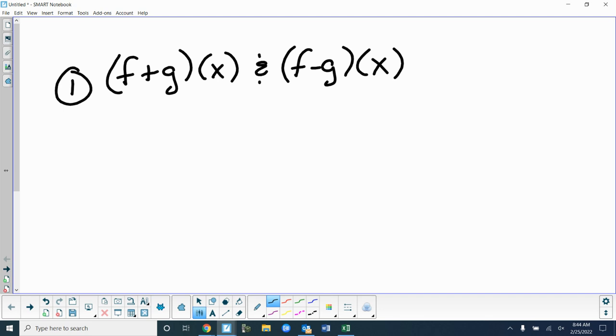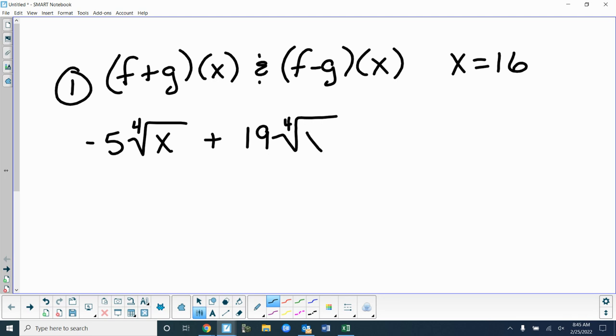Okay, and then it said x equals 16. So you're supposed to add and subtract the two functions, and then you're supposed to plug 16 in and find the two answers. Okay? So f was negative 5 times the 4th root of x plus g, which was 19 times the 4th root of x.